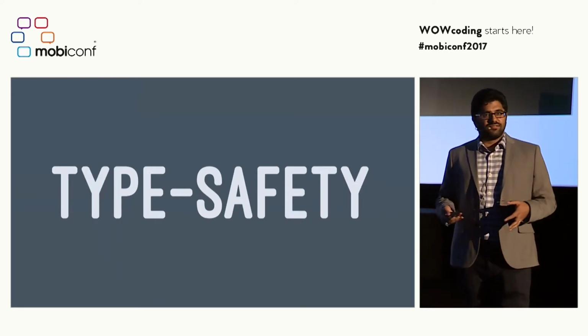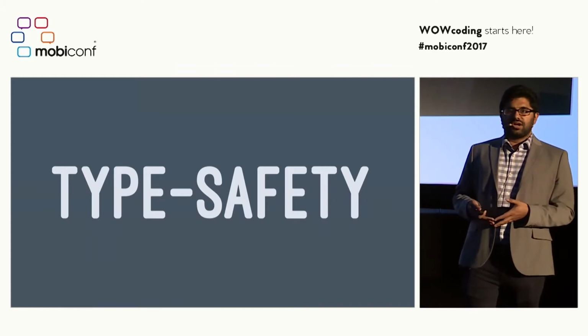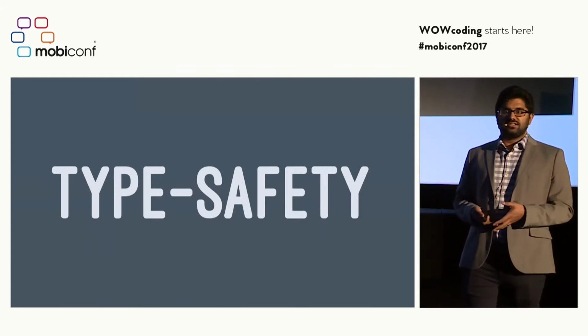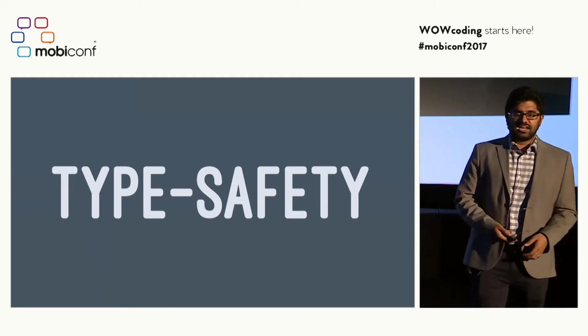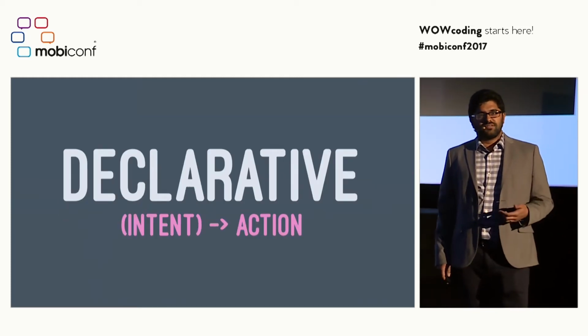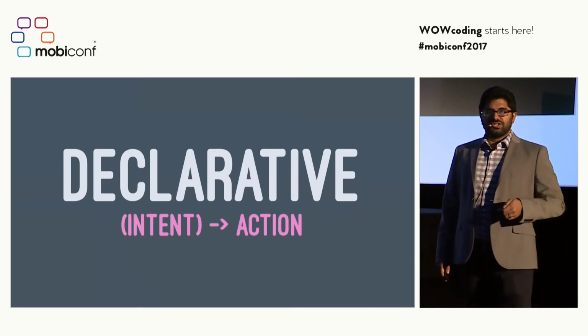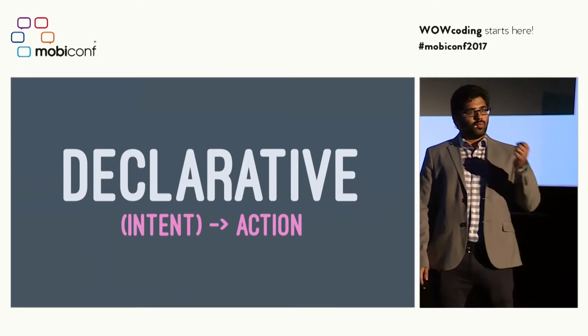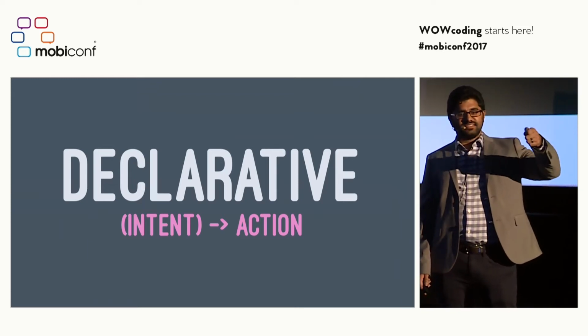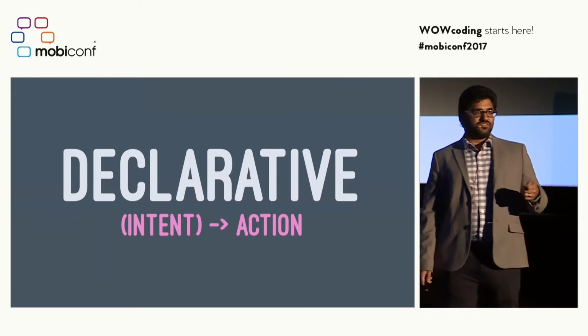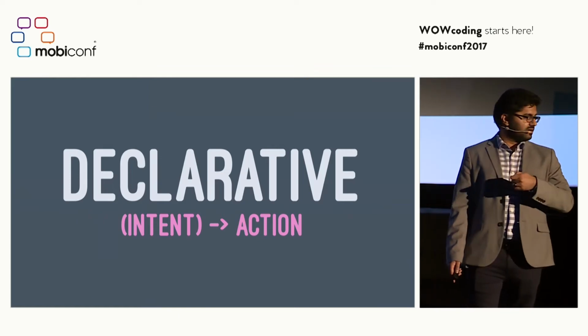Because you have the limited expressiveness, you're able to actually constrain your APIs and use the type system to promote safety throughout your code base. And last but not least, it's declarative. Users that are using your DSL are basically declaring what they want to do, and they rely on the DSL to translate that intent into action. And we're going to see this theme come up throughout the course of this talk.